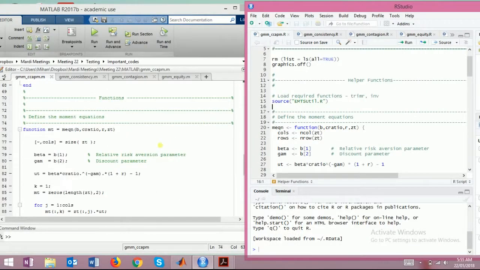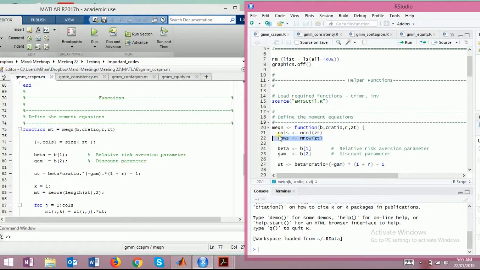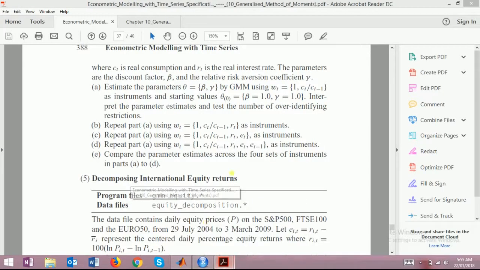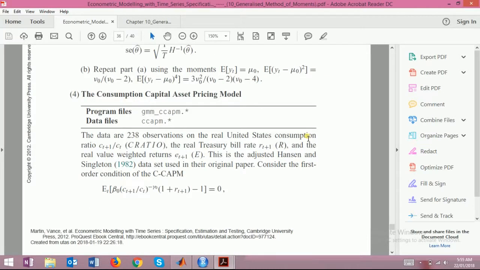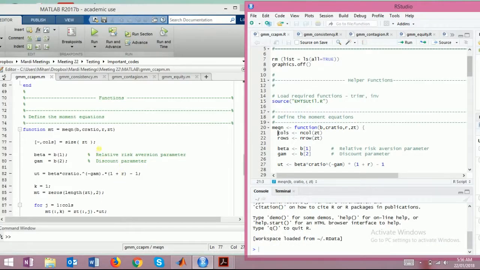So we are starting with the last one. Size of ZT: number of rows is the number of rows of ZT, number of columns is the number of columns of ZT. Et is the residual. We start with that, the number of rows and columns.